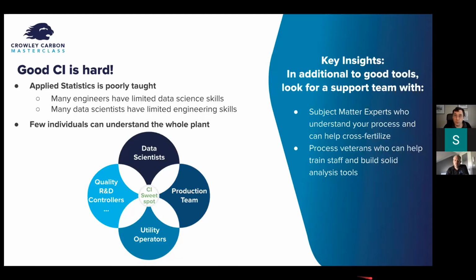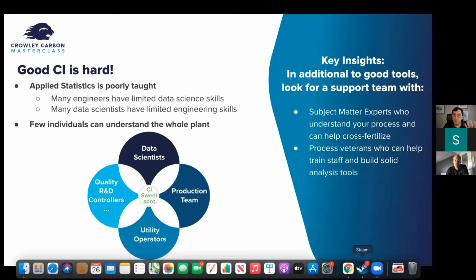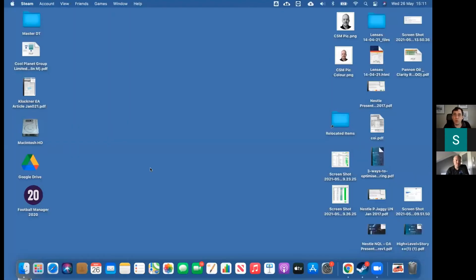And as you move forward, make sure that you've got a team that includes not just number junkies, but also subject matter experts who can really understand what's going on inside of your process or what's going on with your broader system.